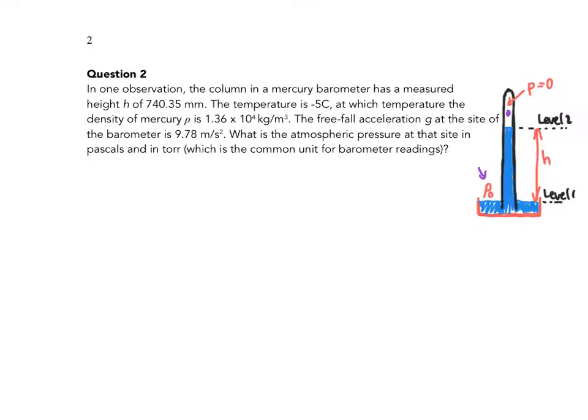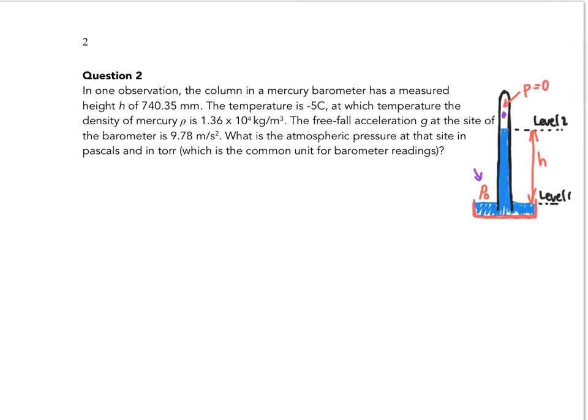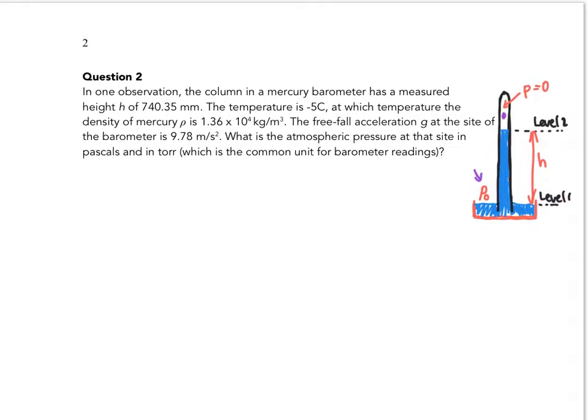It's just going to be equal to rho g h, just from our pressure equation. So we should be able to say then that the atmospheric pressure P naught is equal to rho g h.